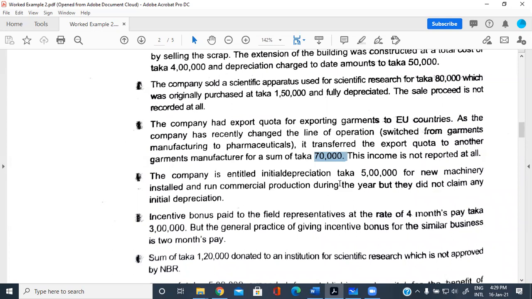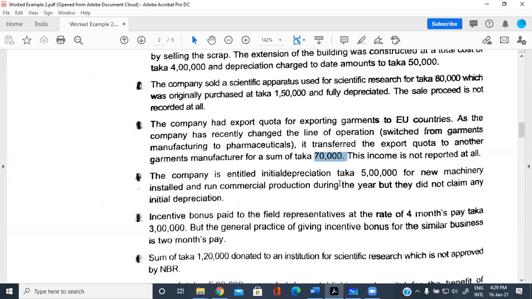I mean, by having this license, of the total export revenue you are supposed to receive, you will have to show 3% as the assessable income. Okay, but we have not been given any assessable income.